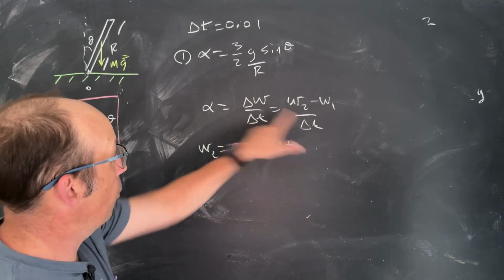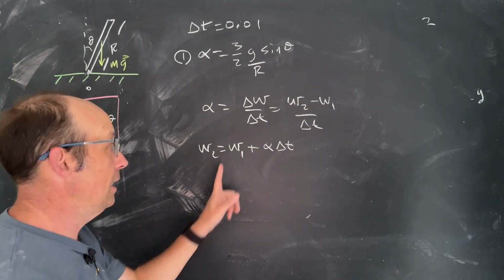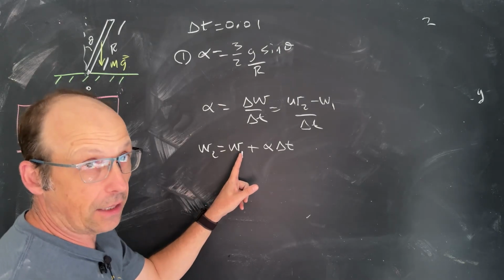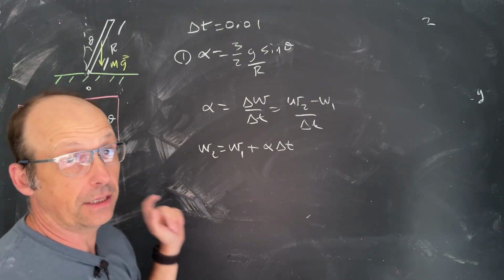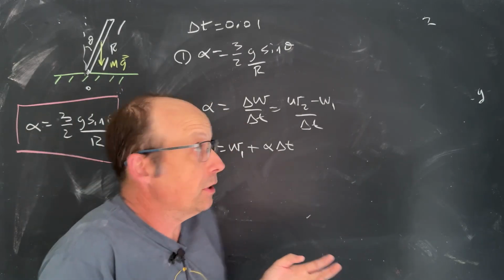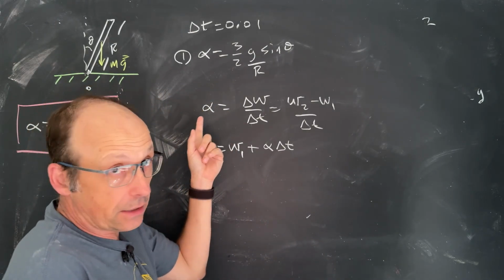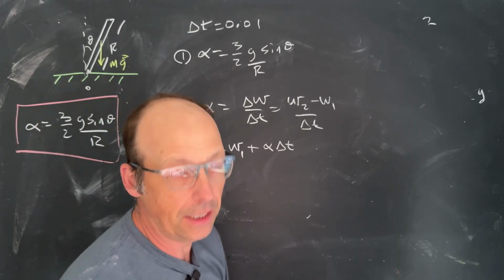If I just multiply both sides by delta t and add omega 1, I get that equation right there. So this is the angular velocity at the beginning of the time interval. That's the alpha I just calculated. That's the angular velocity at the end of the time interval. This is wrong, right? Because this assumes that alpha is constant, and it's not. But we have a short time interval, so it's kind of okay, and we should be fine.